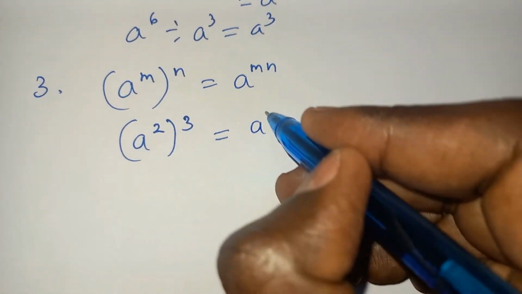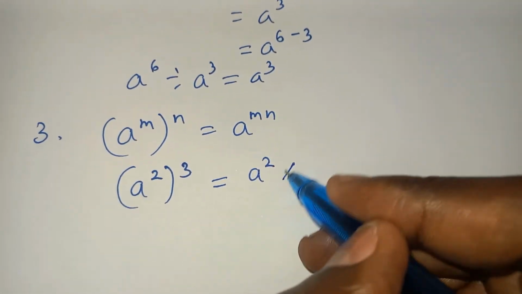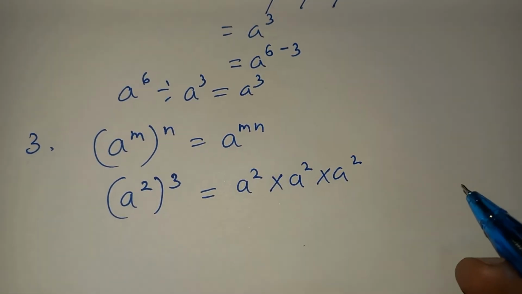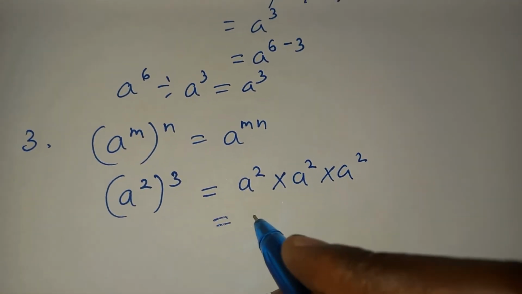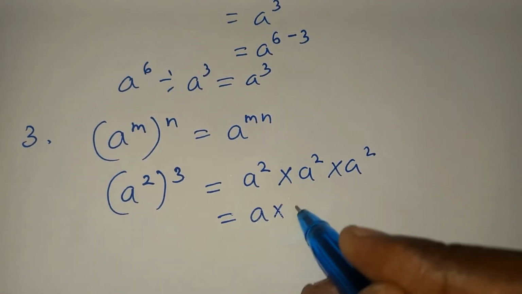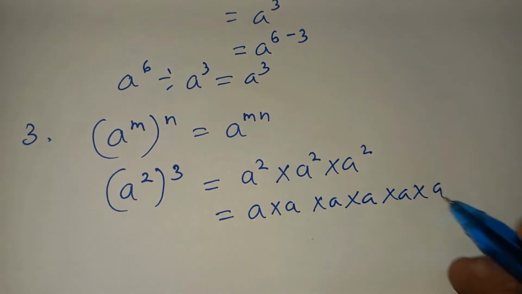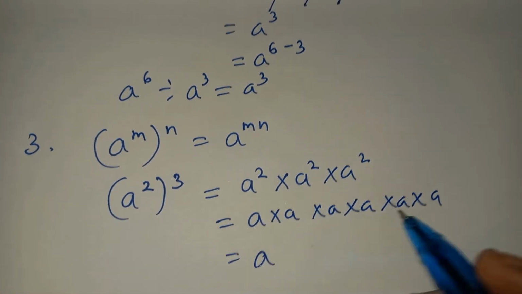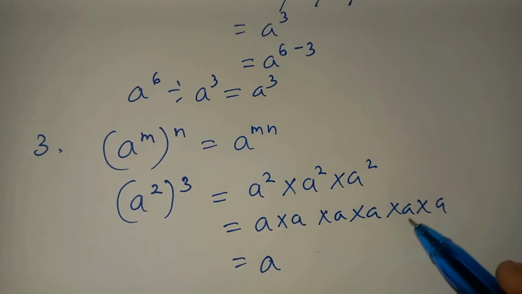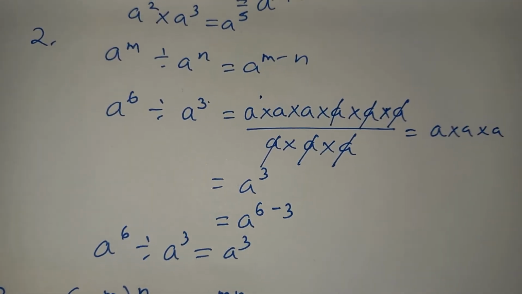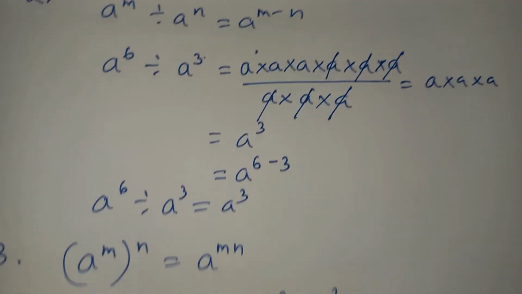This is the same as taking a squared and multiplying it by itself 3 times, which is actually the same as a times a times a times a times a times a. Now, using the first rule of indices, we will need to add all the powers here.